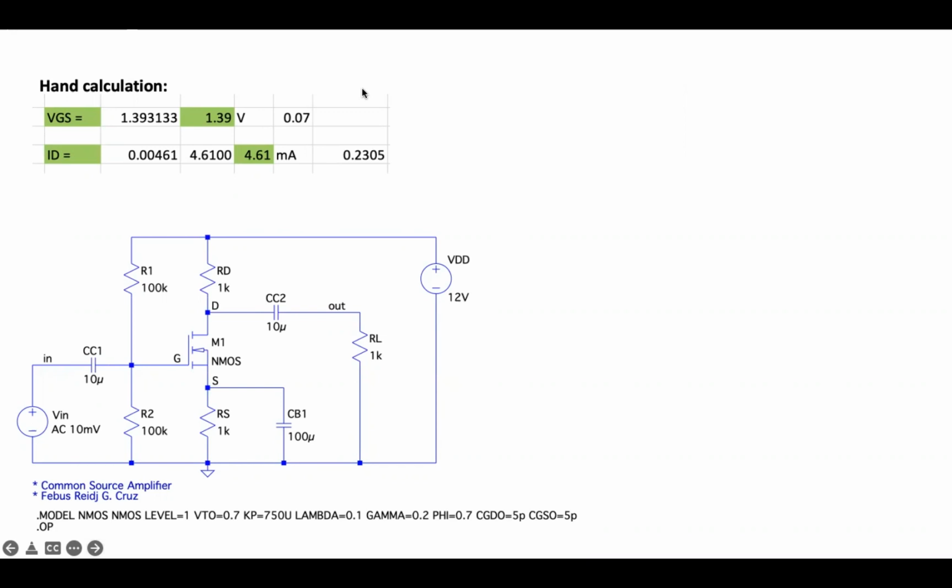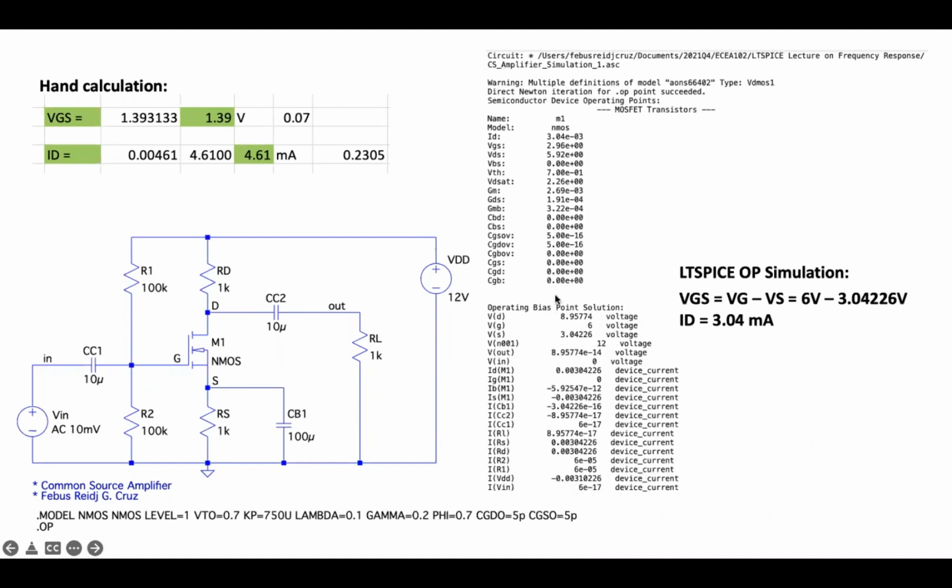Okay, continuing. So based on the hand calculation value, I ran our LTSpice for the .op or the operating point simulation. And what I got is a VGS from the operating gate voltage minus the operating source voltage.